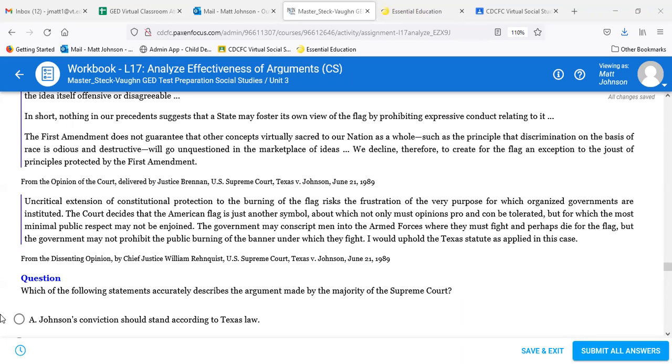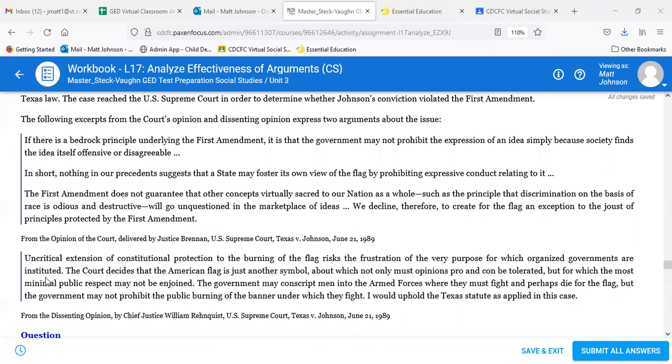Then you have the dissenting opinion. Unless it's a unanimous decision, like 9-0, if you had a decision that was 6-3, those three justices would write a dissenting opinion on why they decided to go against the majority opinion. So that's what dissenting is in this case.